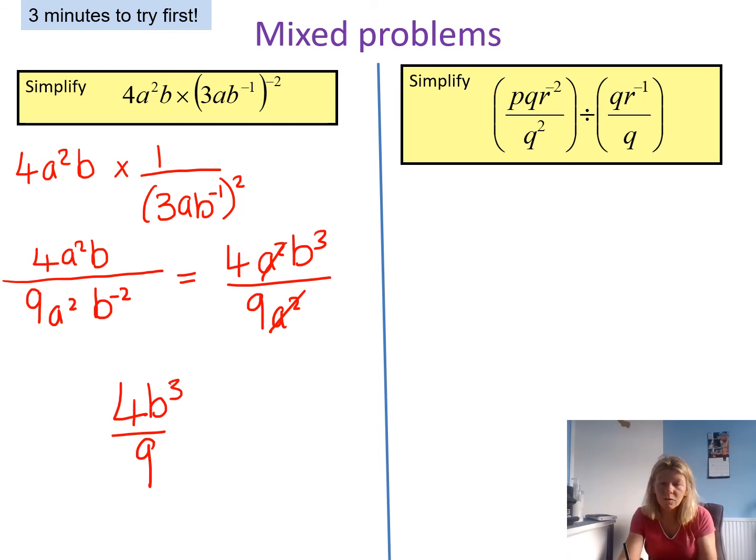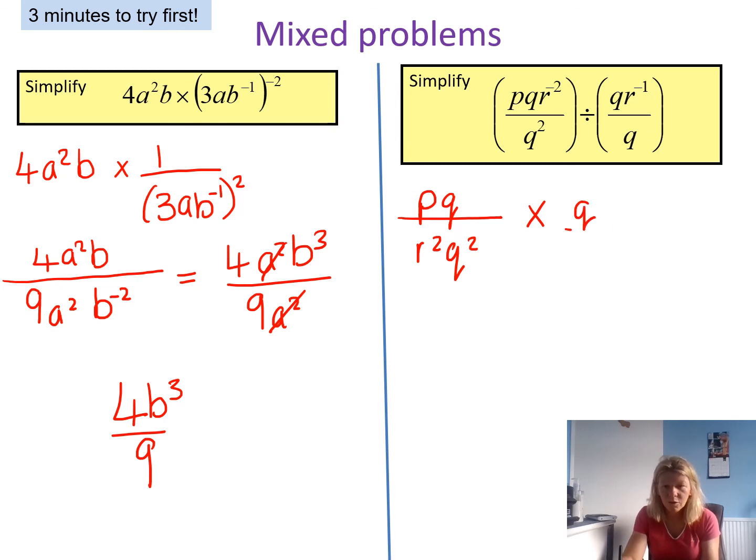Right, this next one. What have we got here? We've got p, q. I'm going to drop the r to the bottom. So I've got r squared, q squared. Now it's a divide. Fractions divide, you can change it to a times and flip it, can't you? So you'd have q on the top and this q, and r is the minus 1.